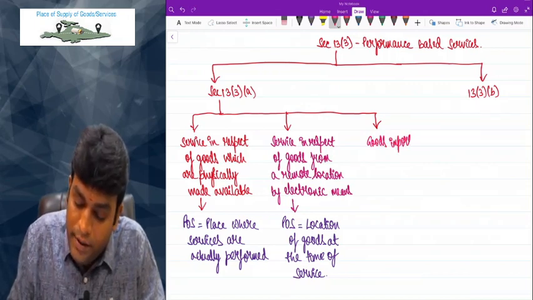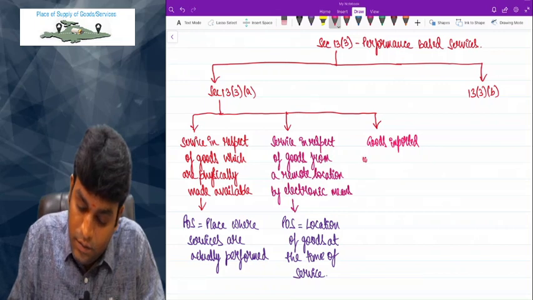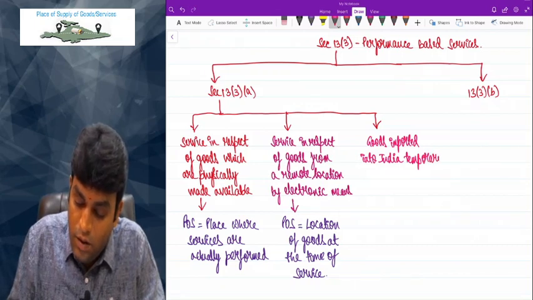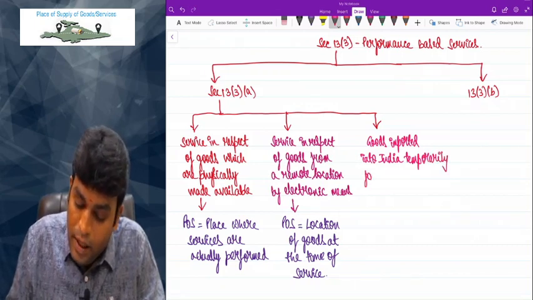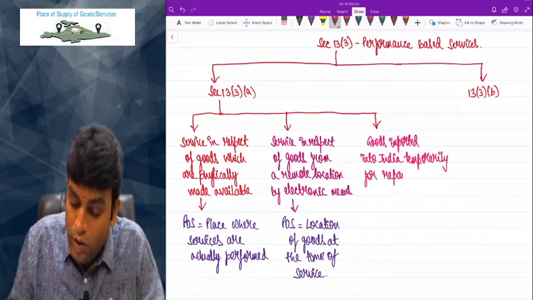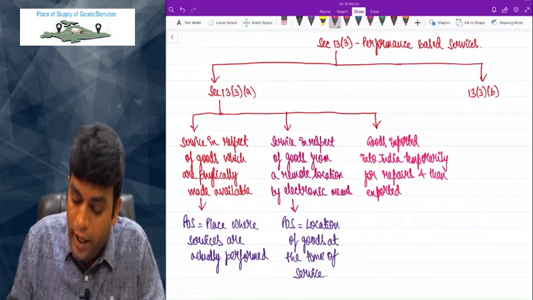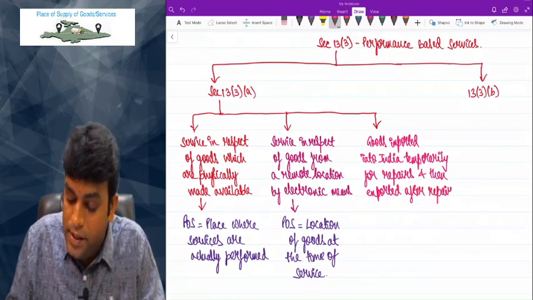Goods imported into India temporarily for repairs and then exported after repairs.